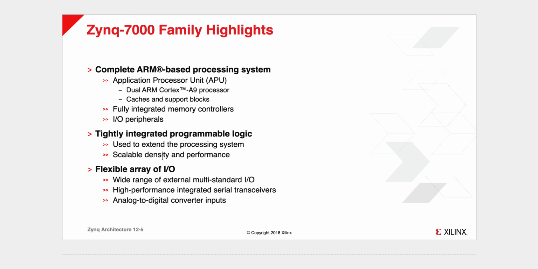It uses L1 and L2 caches to optimize access speed. So the caches and the support blocks are there in the ARM processor to optimize the access speeds.